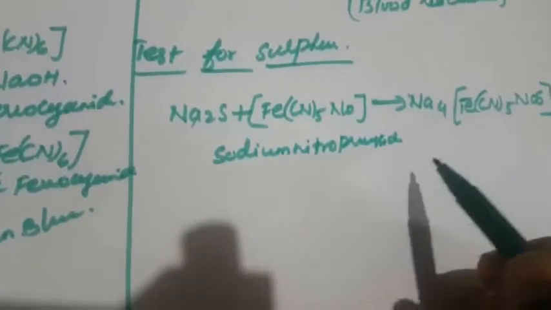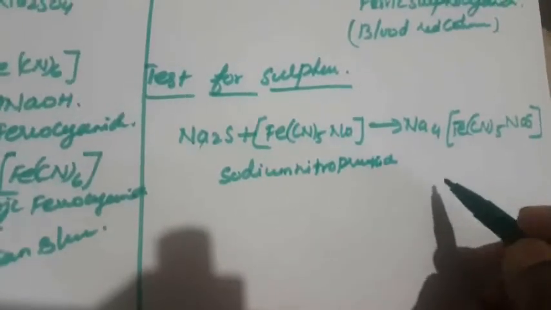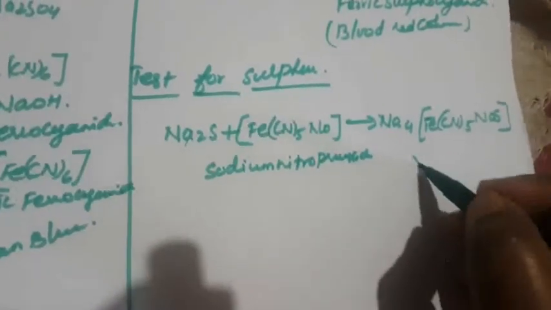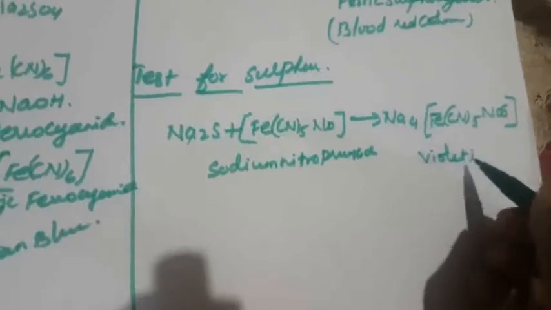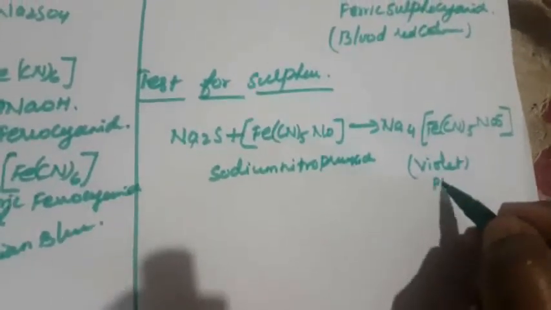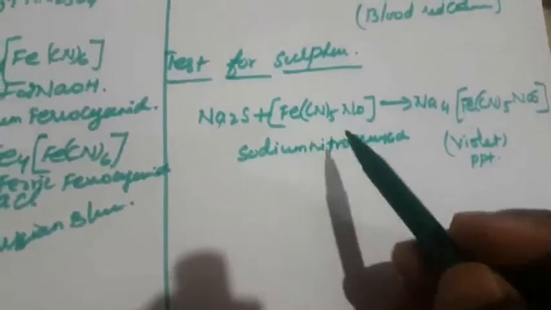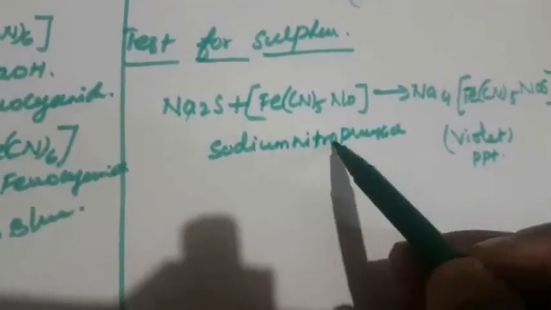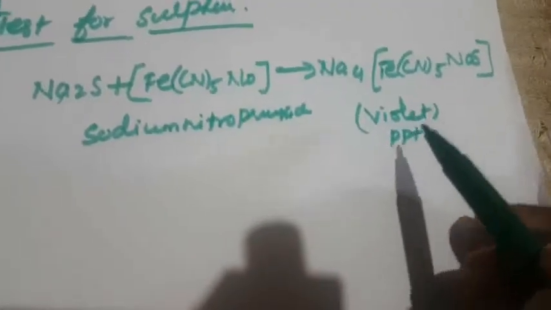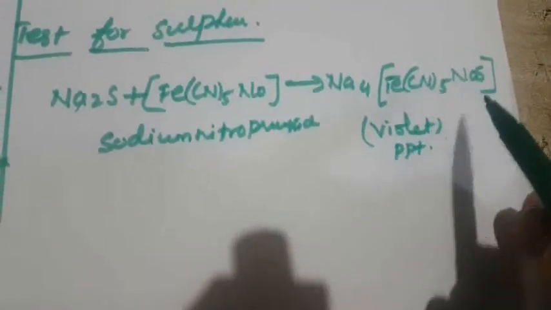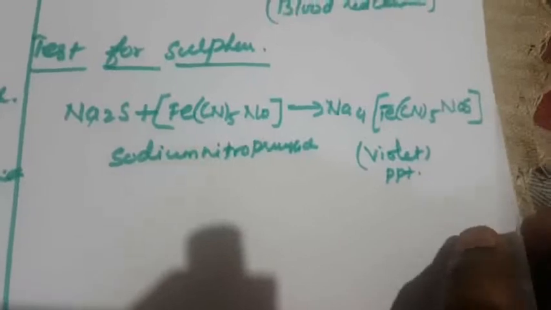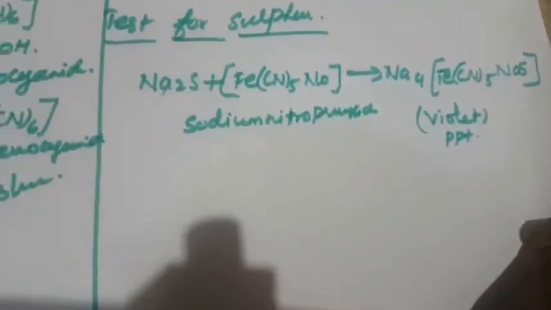This is the violet color precipitate that will be obtained, meaning the compound contains sulfur. Sodium sulfide, when reacted with freshly prepared sodium nitroprusside, forms the violet precipitate Na4[Fe(CN)5NOS]. This is the test for sulfur.